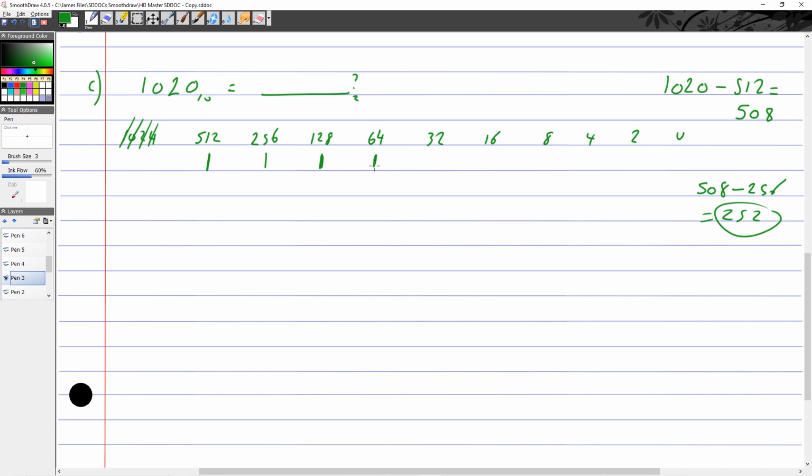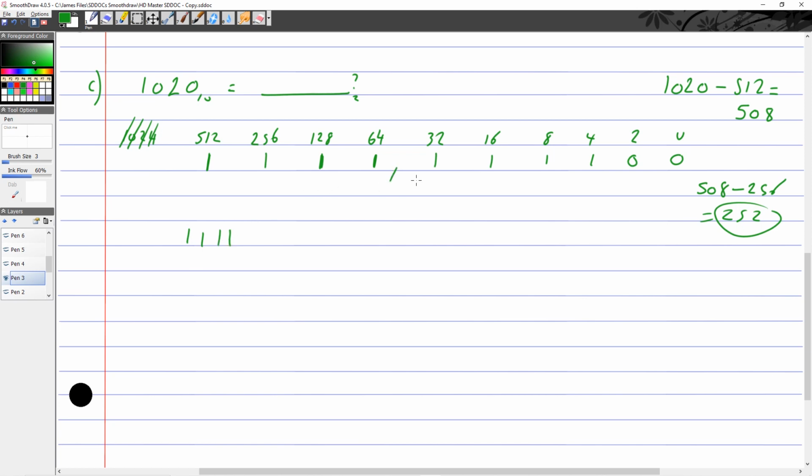64 goes into 124. So we take away 64 from that remainder, which leaves us with 60. 32 goes into 60, so take away 32 from 60 gives us 28. 16 goes into 28, so take away 16 from 28 gives us 12, and 12 is made up of 8 and 4. So quite a long number, so the answer is 1, 1, 1, 1.